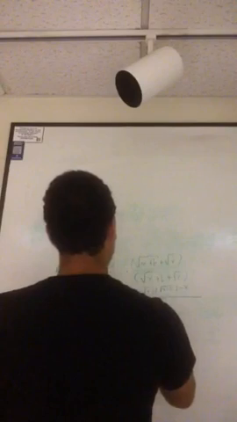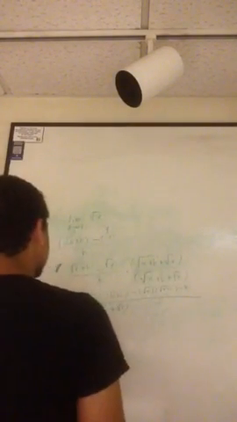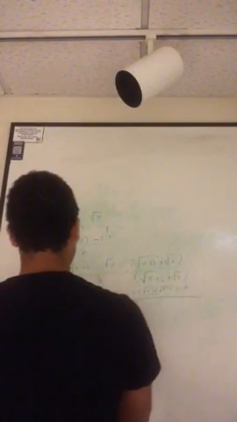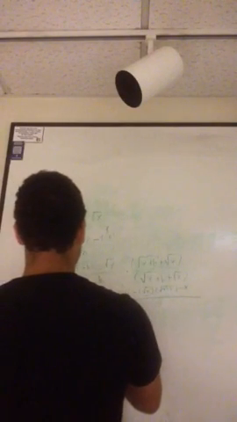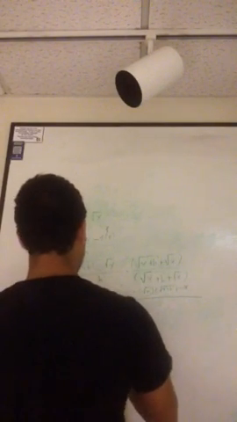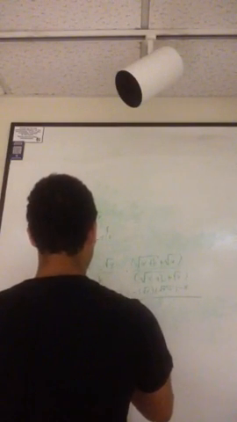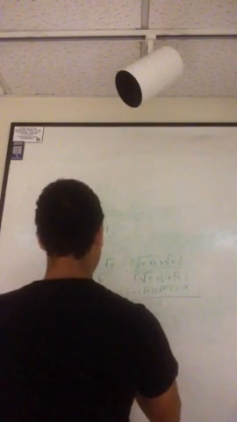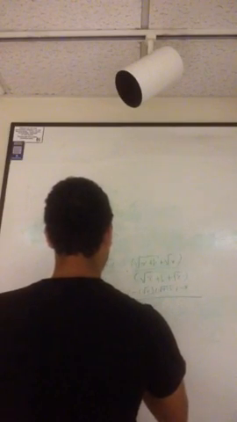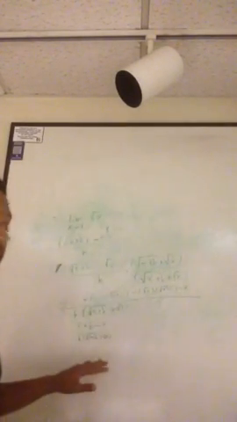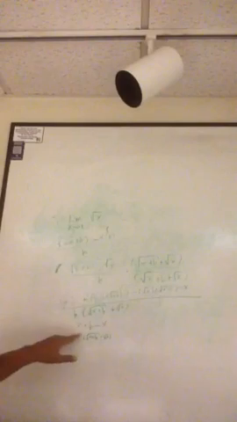Now we have some things we can cancel out. Notice that these cancel each other, which leaves us with x plus h minus x over h times our conjugate.